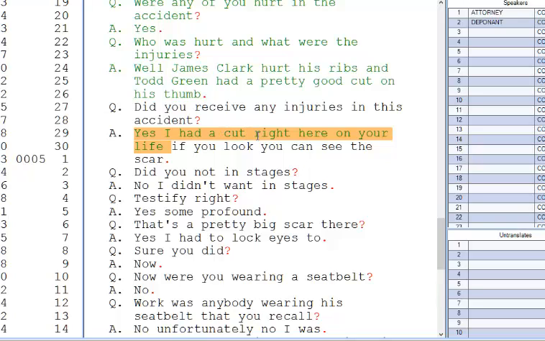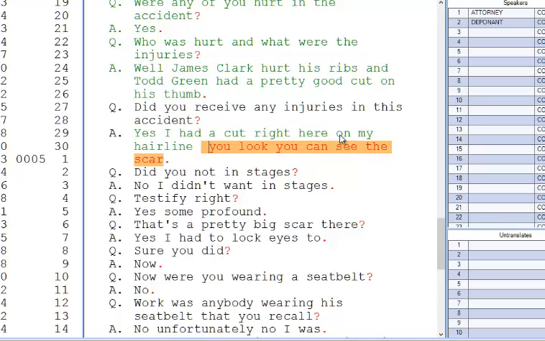Control D. Okay, see what happened here was I got a little overexcited and I went over into the next utterance. If you look, you could see the scar.